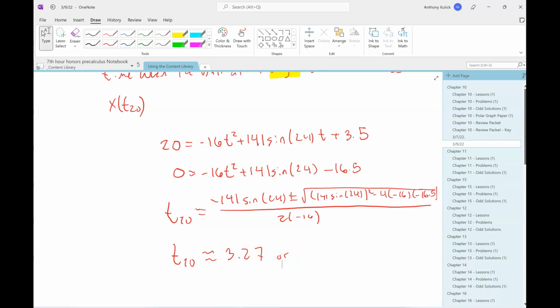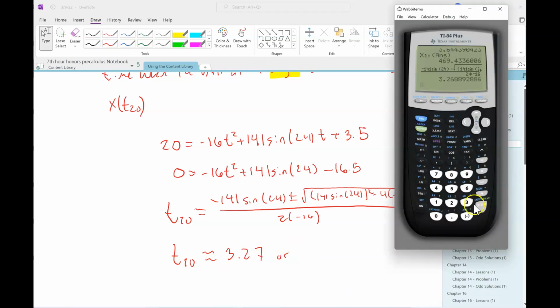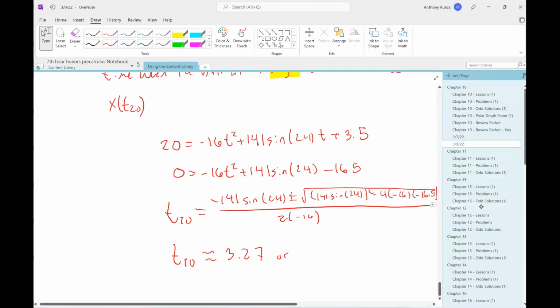Or the other one would have been if I was adding, which was at 0.32-ish. Again, that hopefully makes some sense. There's 3, there's 20. It's going to cross that 20 line twice, right?